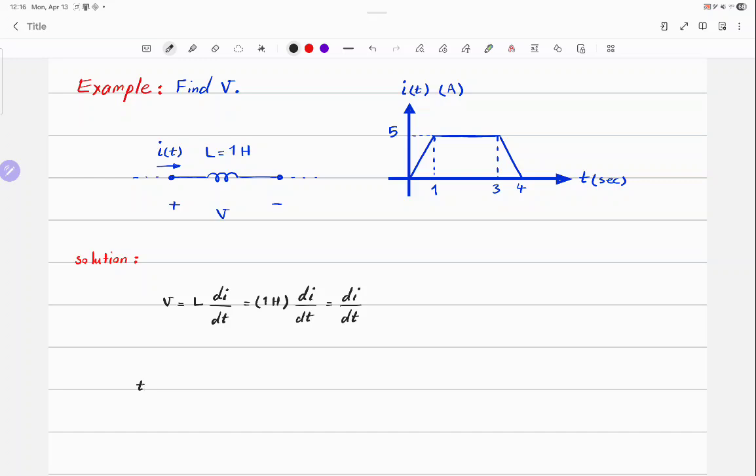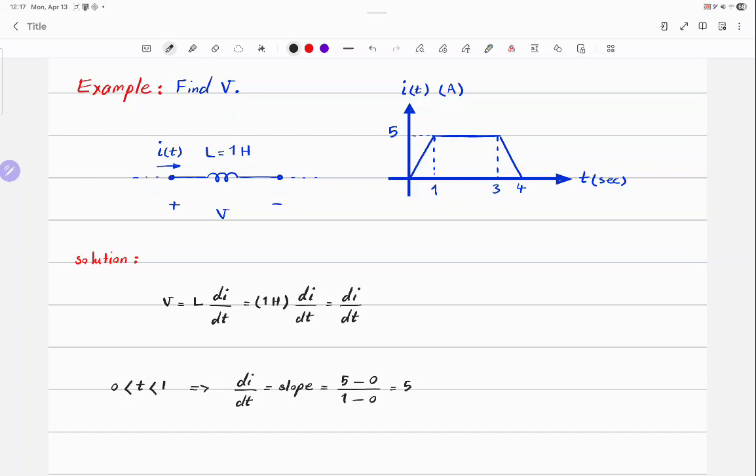So let's see. t between 0 and 1. di over dt is equal to the slope. What is the slope here? 5 minus 0 divided by 1 minus 0, and it's equal to 5. Can someone tell me what the units of the slope are? Amps per second.